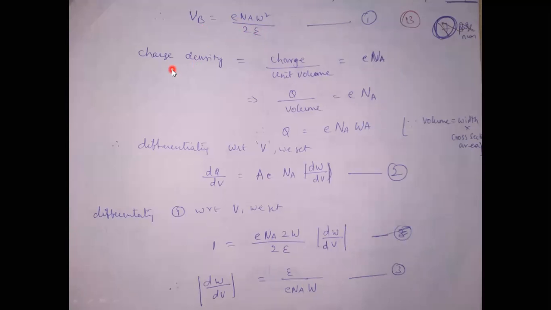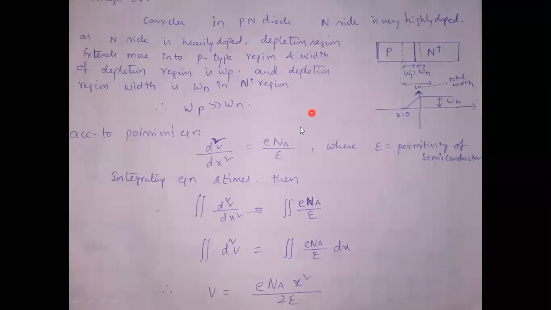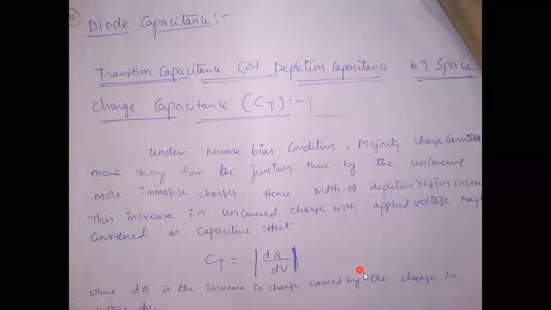So what is charge density? Charge per unit volume. Why am I deriving this? Because this is the basic equation to find CT, the depletion capacitance or transition capacitance, which is dQ by dV.